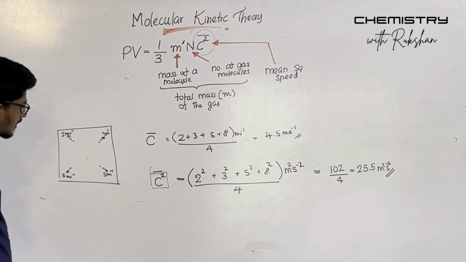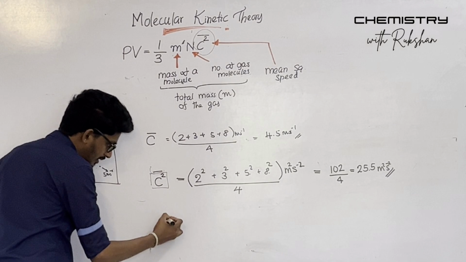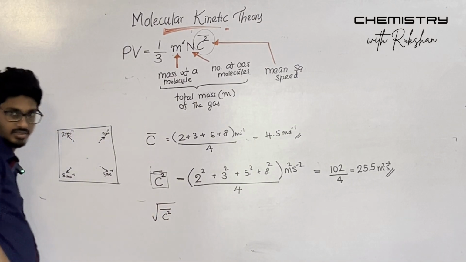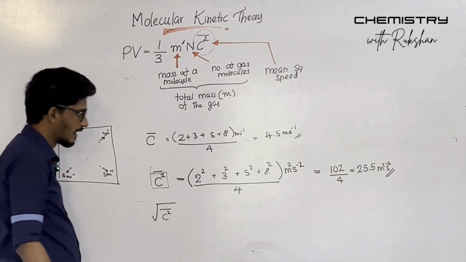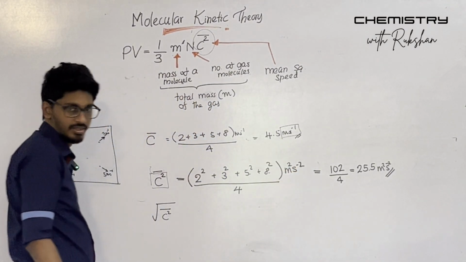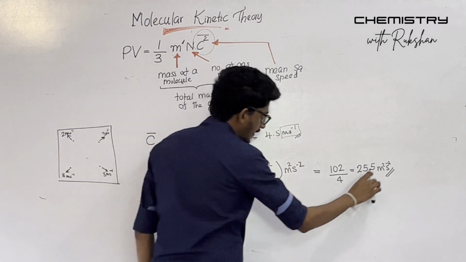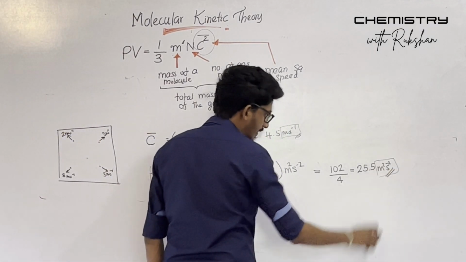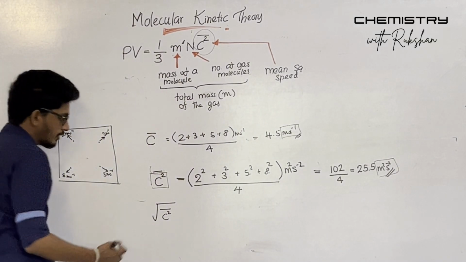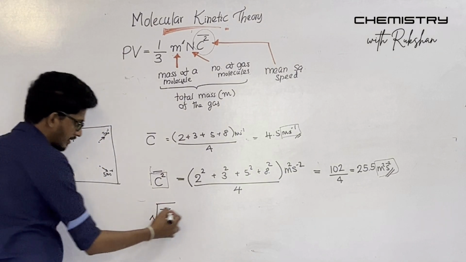Then another term is defined as the square root of the mean square speed, to get the value in the normal units of speeds, ms minus 1. This value is given in some square nature, right? So take the value in normal units. You better take the square root of this thing.